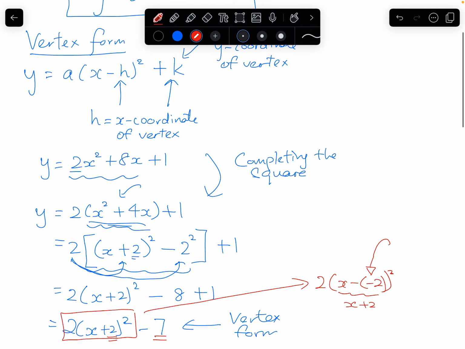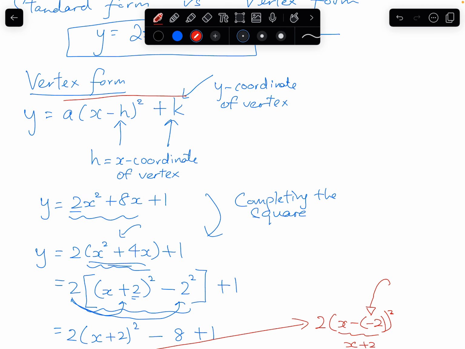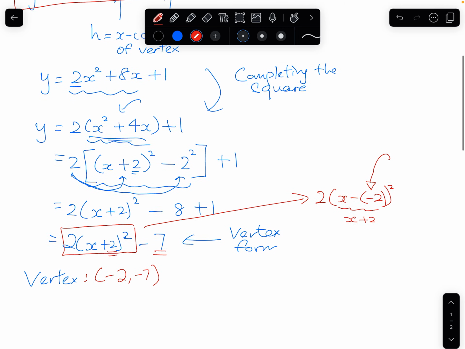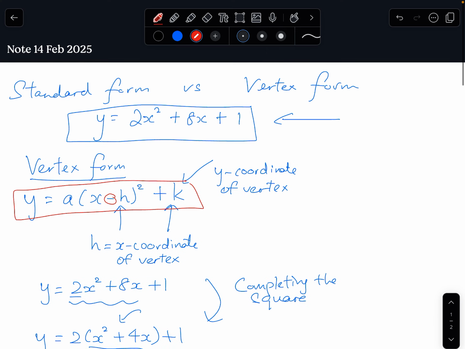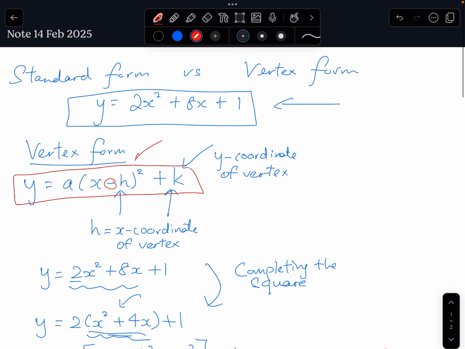And why do we have to do that? Because if we go back to the vertex form, the vertex form states that the equation has to have a minus here, which is x minus h, rather than x plus h. So that is why we convert x plus 2 to this, so that it looks like the original vertex form.